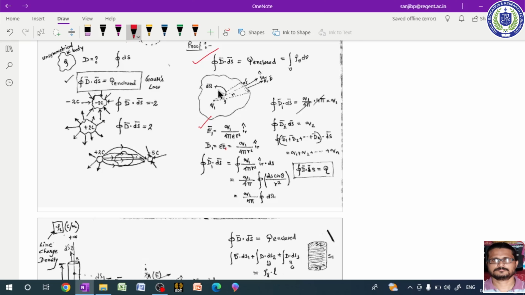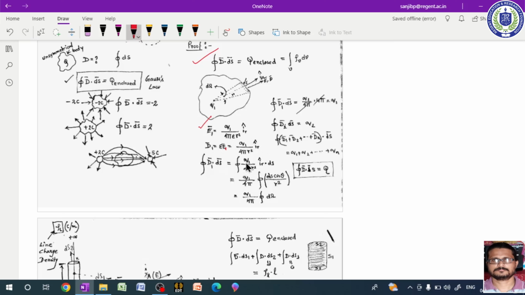Now I have to consider this formula, closed surface integration of D dot dS. In place of this, I have considered closed surface integration of D1 dot dS. So here D1 dot dS, and you just put the value of D1, Q1 by 4 pi r square, and this unit vector i_r is there.